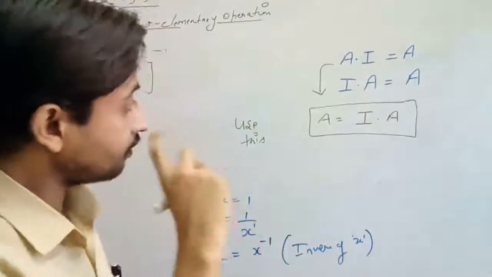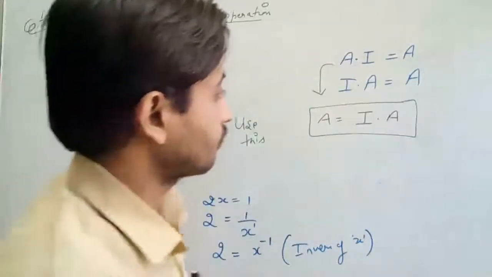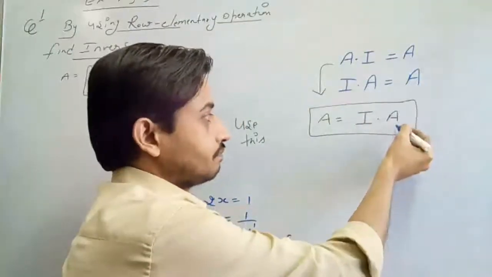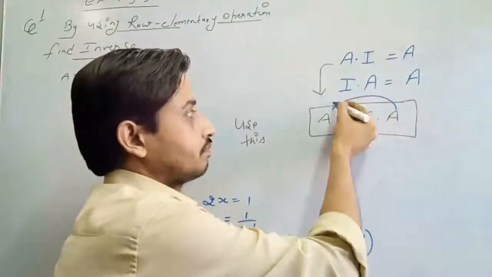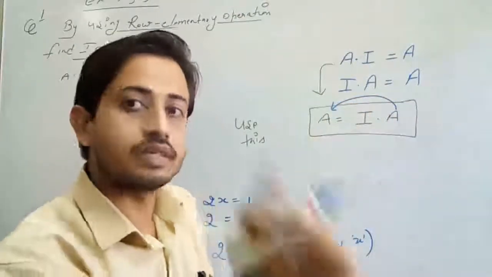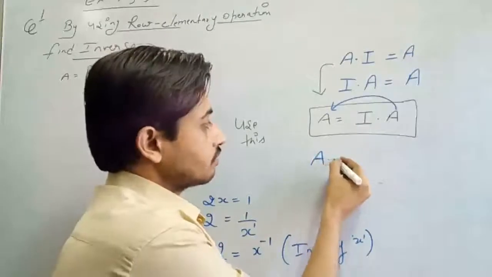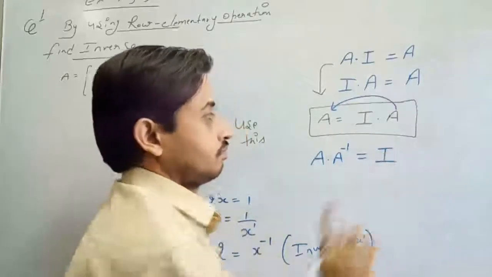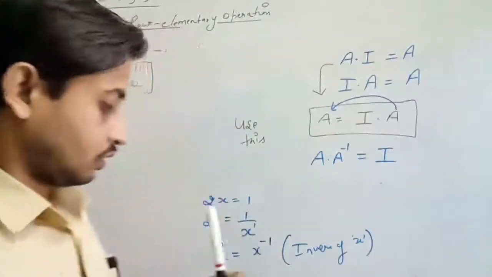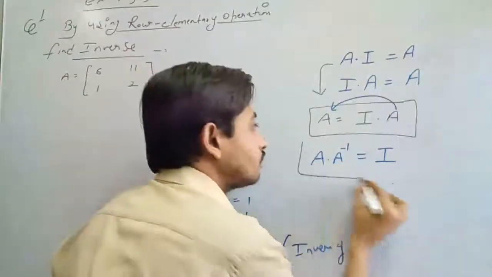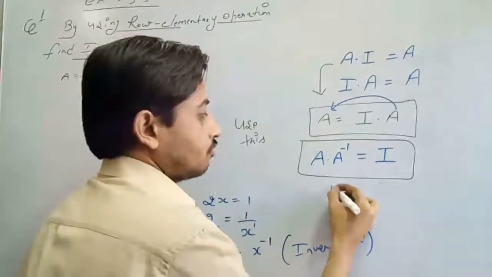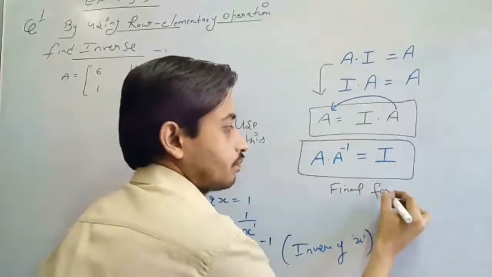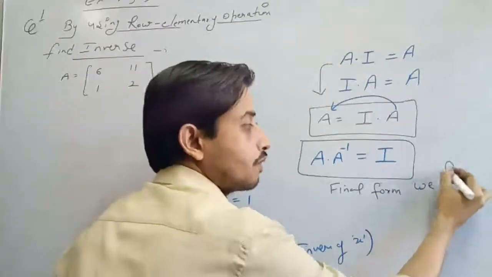So what I am going to have, if I take it on this side, then it becomes A inverse. So it becomes A inverse, which is equal to, we get I. So this is our final form that we have to obtain.